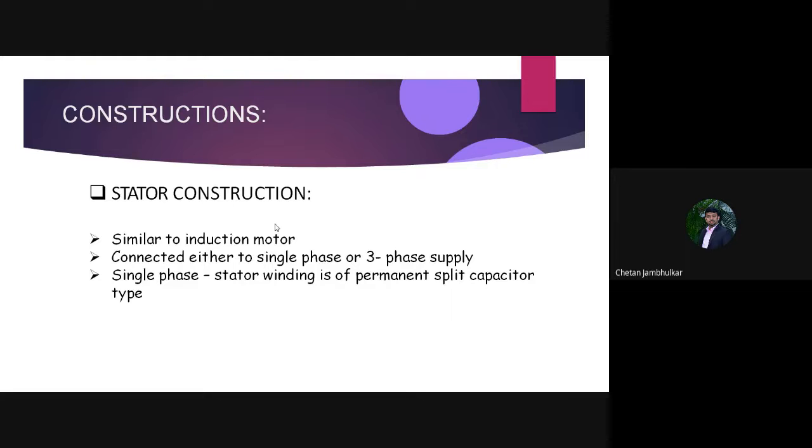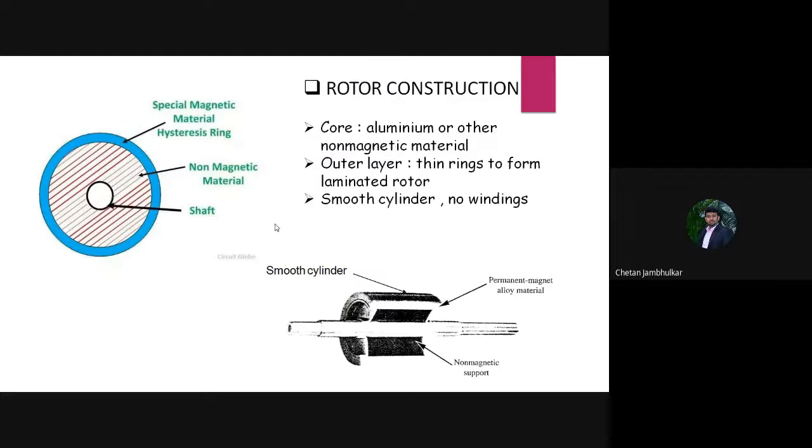When we supply single phase, the stator winding operates as a permanent split capacitor type.